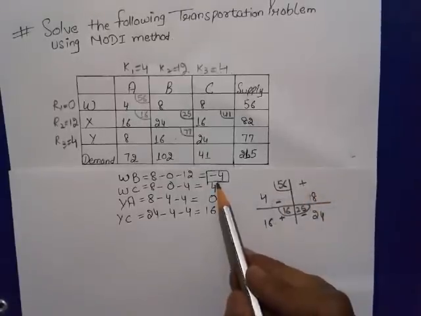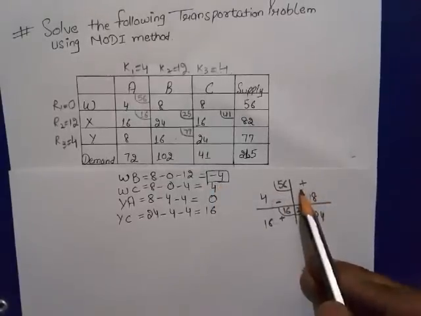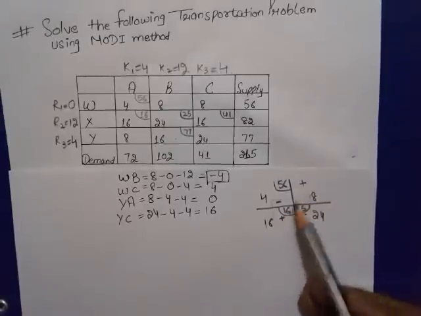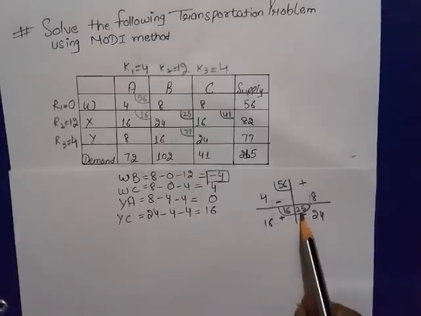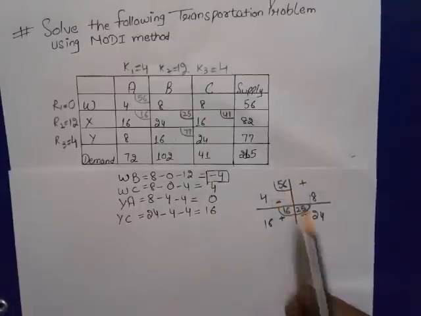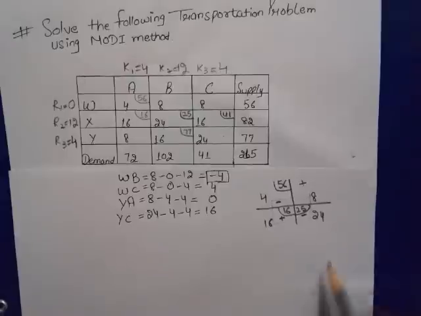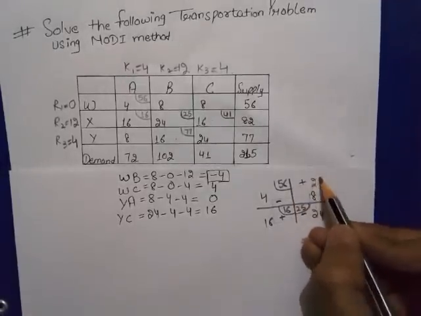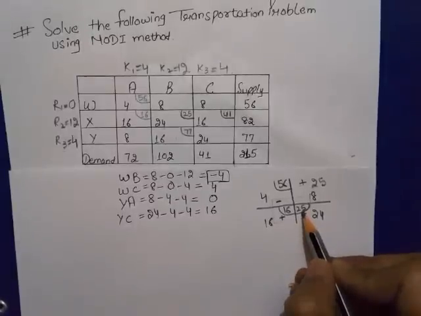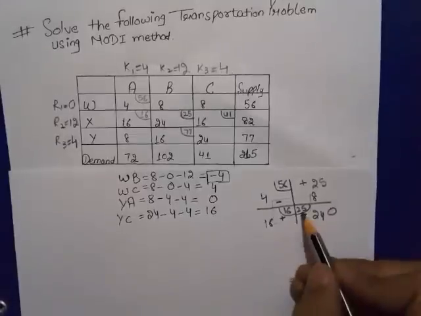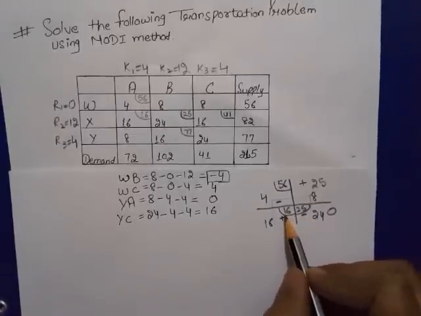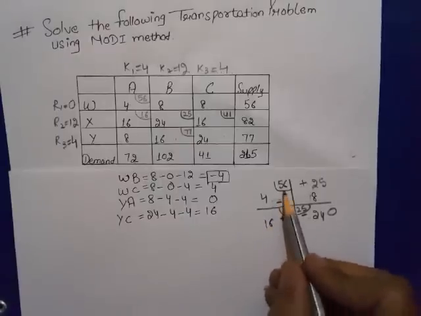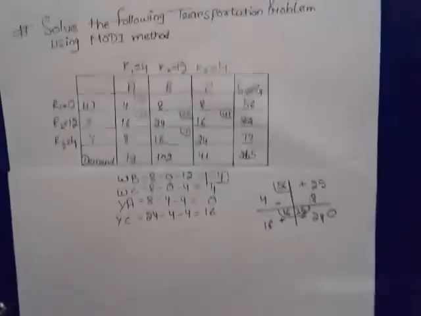Earlier we selected the highest negative, but in this we have to select the lowest negative. These two are positive, so the lowest is minus 25 or minus 56. It is minus 25. So we have to add 25 in this cell to make it occupied, minus 25 from this cell to make it unoccupied, and add and subtract 25 in the other cells to get the new values.